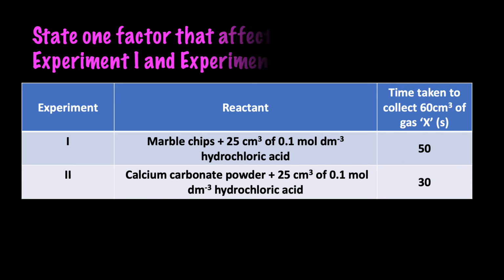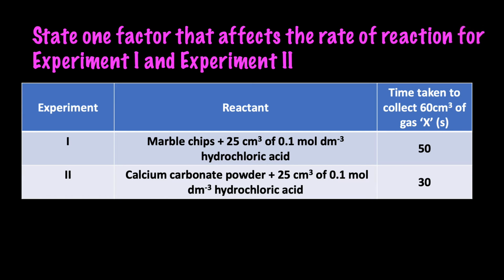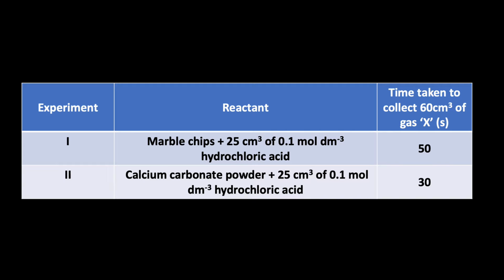State one factor that affects the rate of reaction for experiment 1 and experiment 2. Ada 4 faktor perlu anda pertimbangkan, iaitu size, concentration, temperature, dan catalyze.